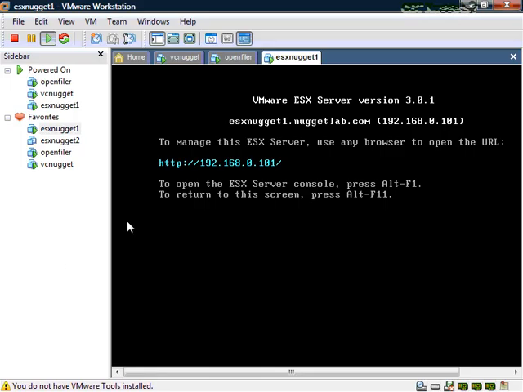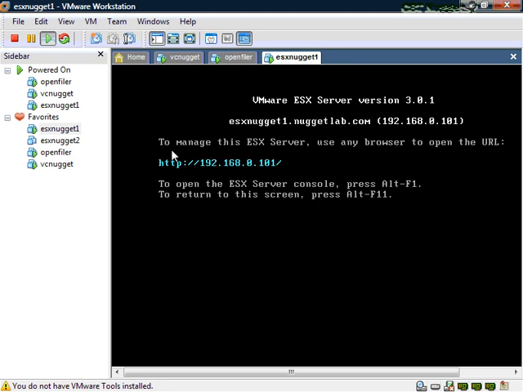Let's take a look here at my VMware Workstation. Now, this is something I bet you never thought you'd see, right? This is an instance of ESX Server version 3.0.1 that is currently residing inside of VMware Workstation. For all previous versions of Workstation, it was always known that you couldn't do that. Well, things have changed.